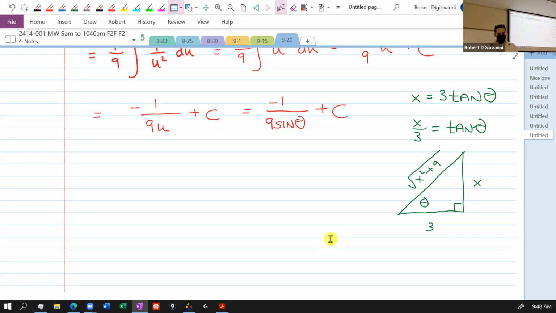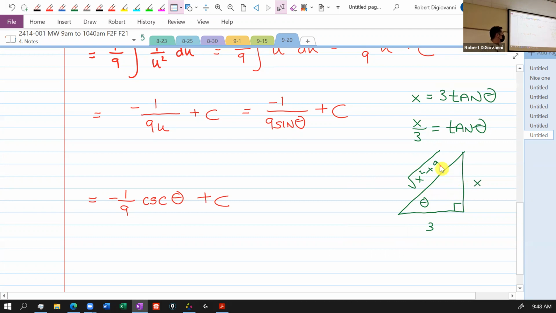Okay, so what is sine theta? Well, you know what? Would you all agree with this? Isn't this negative 1/9 cosecant theta plus c? I could write it that way, couldn't I? 1 over sine is the same as cosecant. And cosecant is a reciprocal of sine.